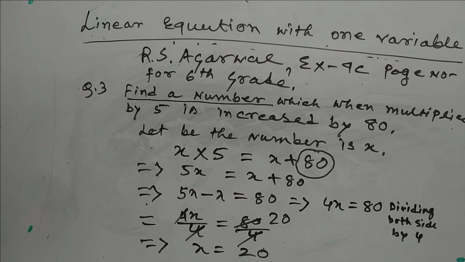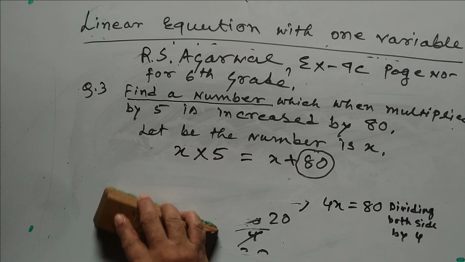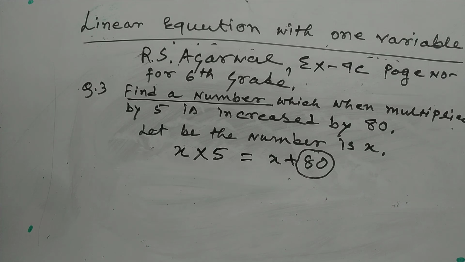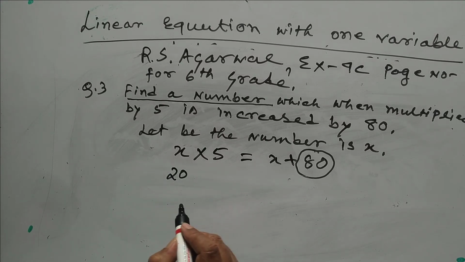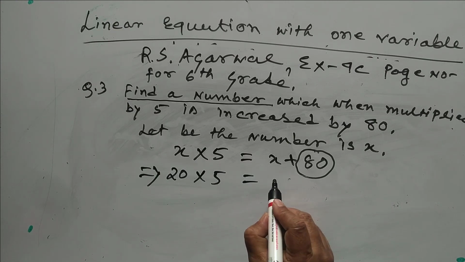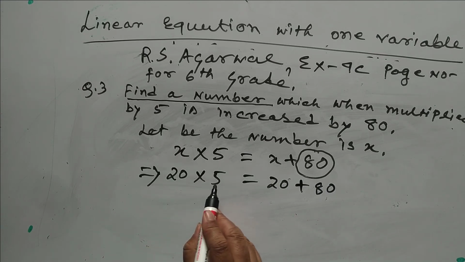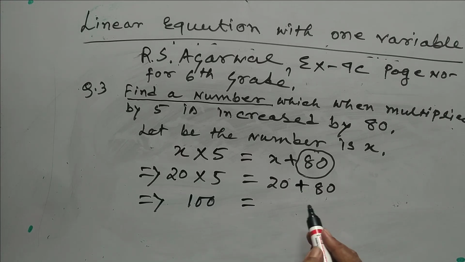Now you can verify this. Say the value of x equals 20. Now I am verifying this. I am replacing x with the value 20. 20 into 5 equals 100, and 20 plus 80 equals 100.